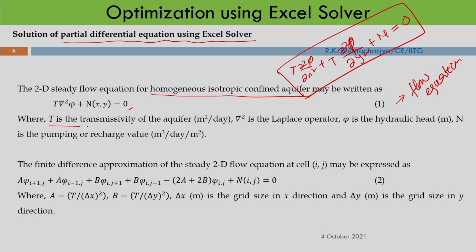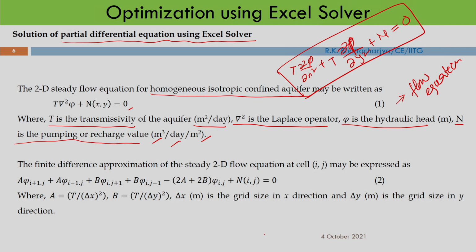Here T is the transmissivity of the aquifer, the unit is meter square per day, and del square is the Laplace operator. Phi is the hydraulic head, which I would like to calculate, and N is the pumping or recharge value. This is the source term and the unit is meter cube per day per meter square.